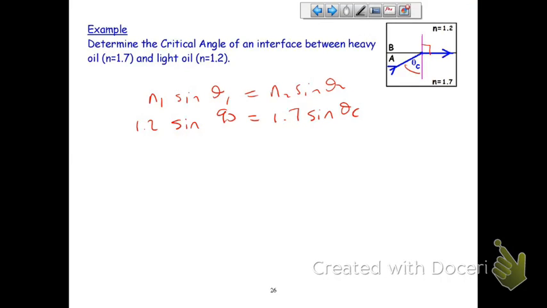So sin theta c is equal to 1.2 sin 90 over 1.7. Sin 90, last time I checked, was 1. That's 1.2 over 1.7.